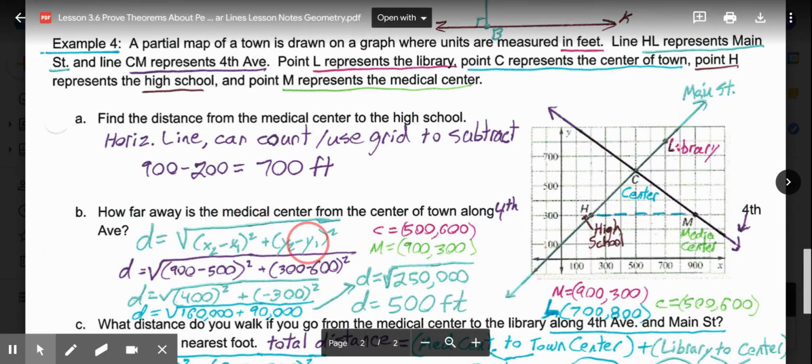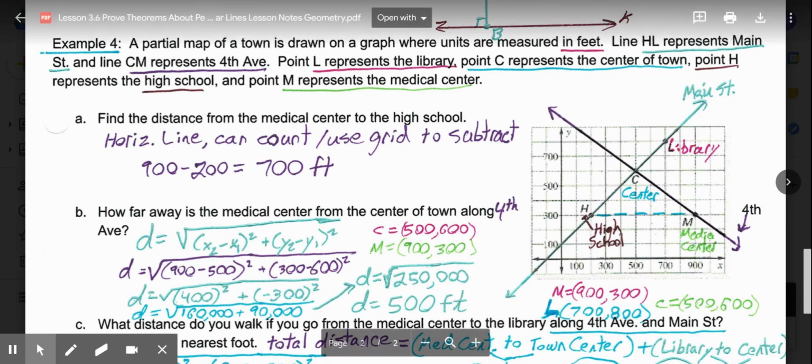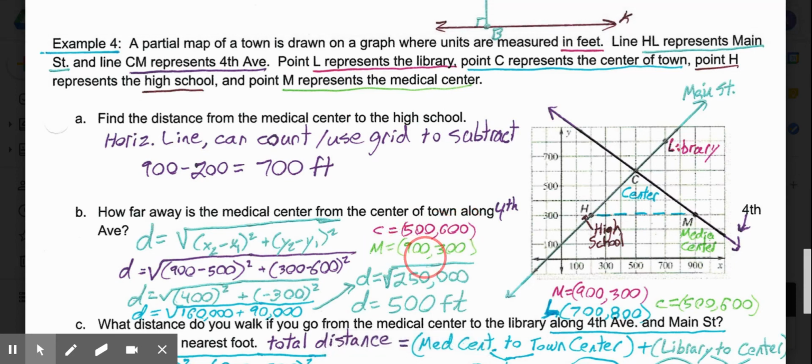So it's the square root of the change in the x value squared plus the change in the y value squared. So in order to find this distance, we need to take the coordinates of the town center, which is 500, 600, and the media center, 900, 300. Put those in for our x and y values in the distance formula.